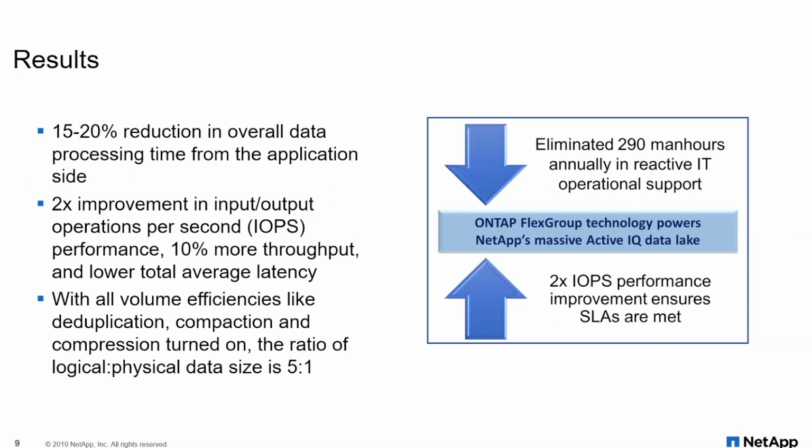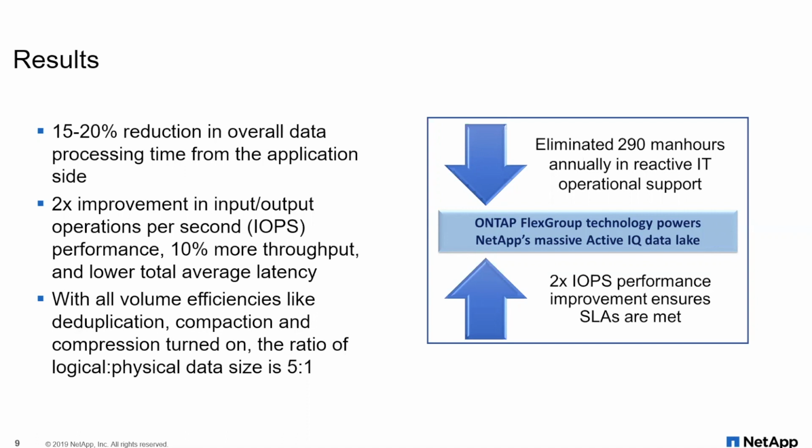We noticed a significant reduction in the total processing time. It also helped eliminate about 290 man hours annually in reactive IT ops support. Like I mentioned earlier, we had to do changes every month, and all that added up to a huge amount of effort from the L2 teams, and it eliminated all of that just by deploying FlexGroups.